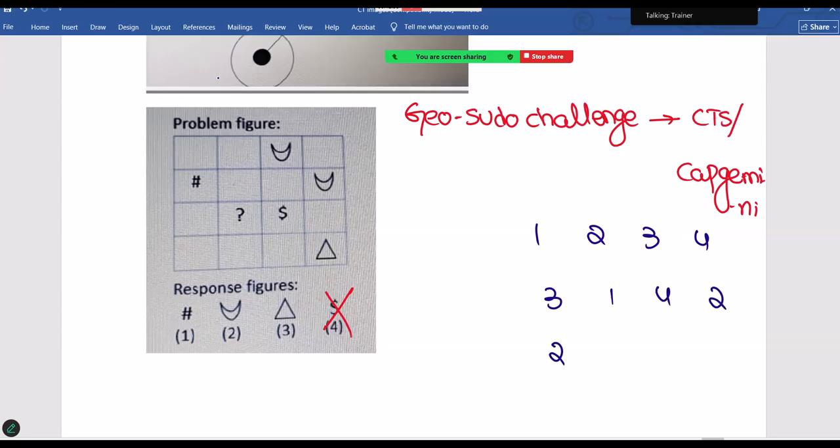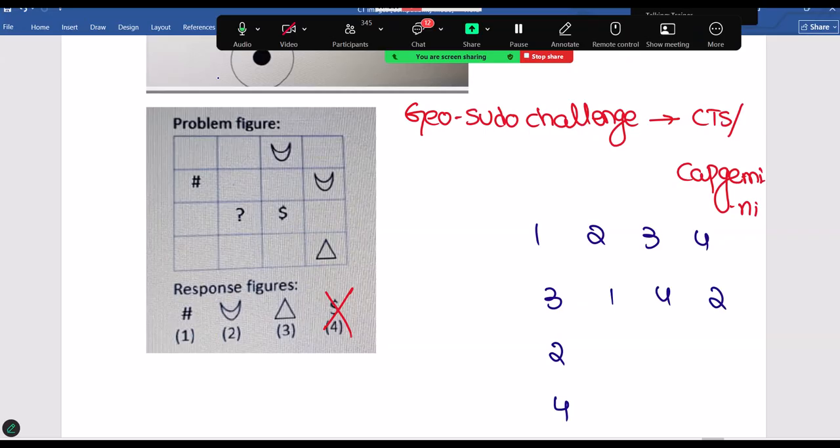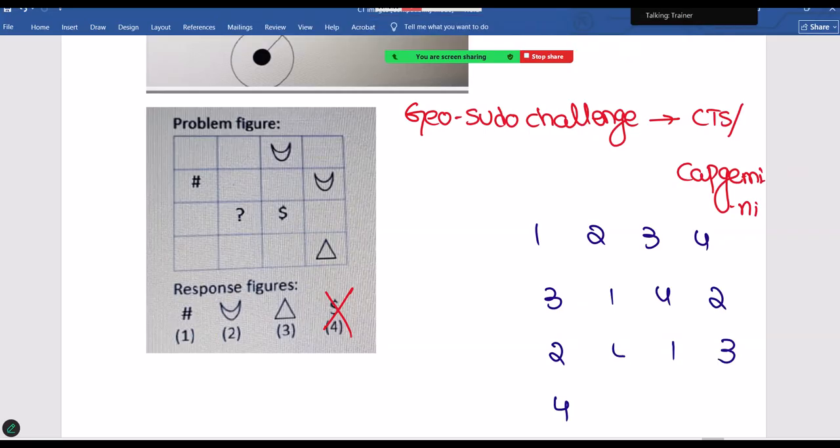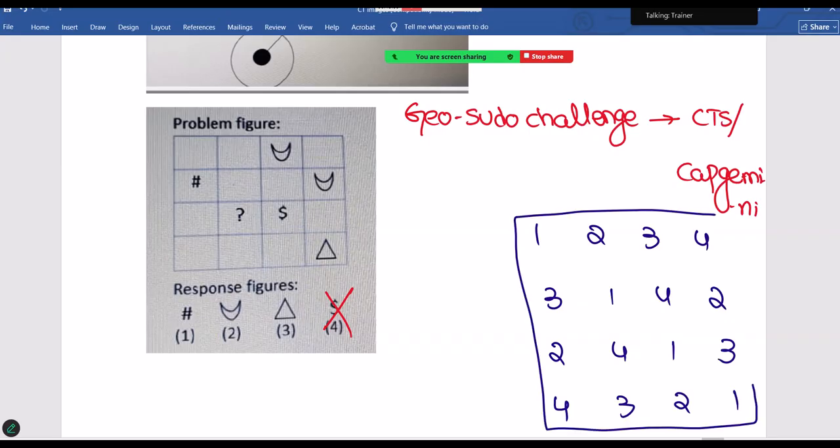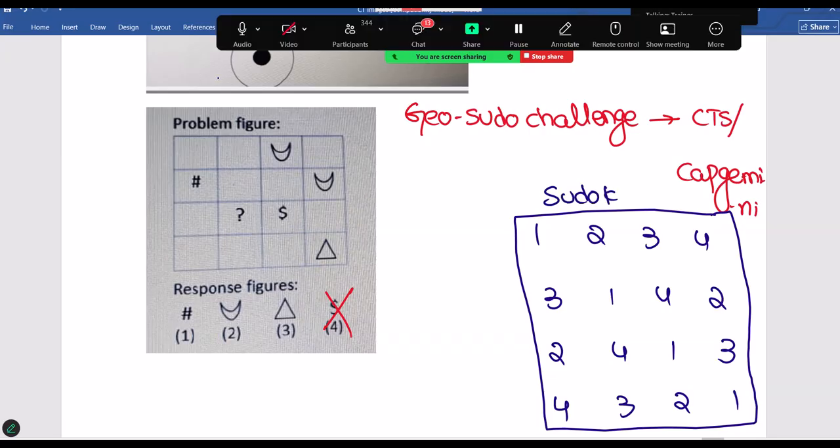Let's say this is 2, this should be 4, and as 2 already occurred, this should be 1, this should be 3, this should be 4, this is 3 2 1. You observe row wise, column wise the same elements are there, but each one should come only one time. That is Sudoku, similar to that Sudoku.